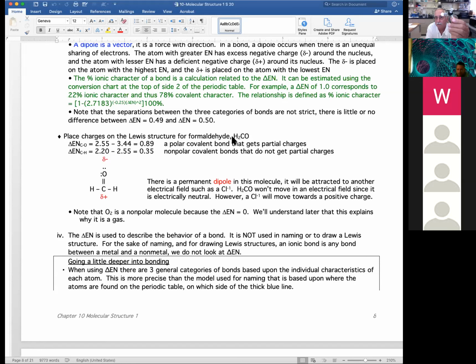Bent? No, it's just diatomic. There are only 2 atoms, so there is no central atom. So the shape is just diatomic. This one has 3 atoms on it, so it is bent.